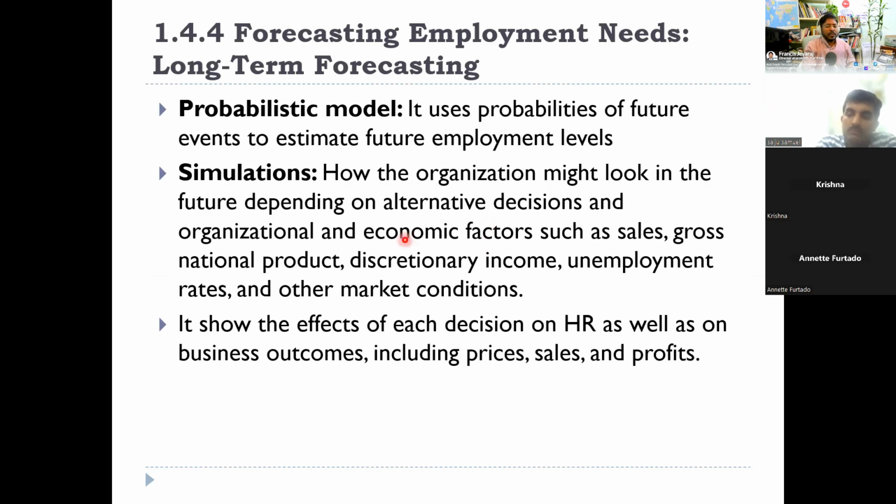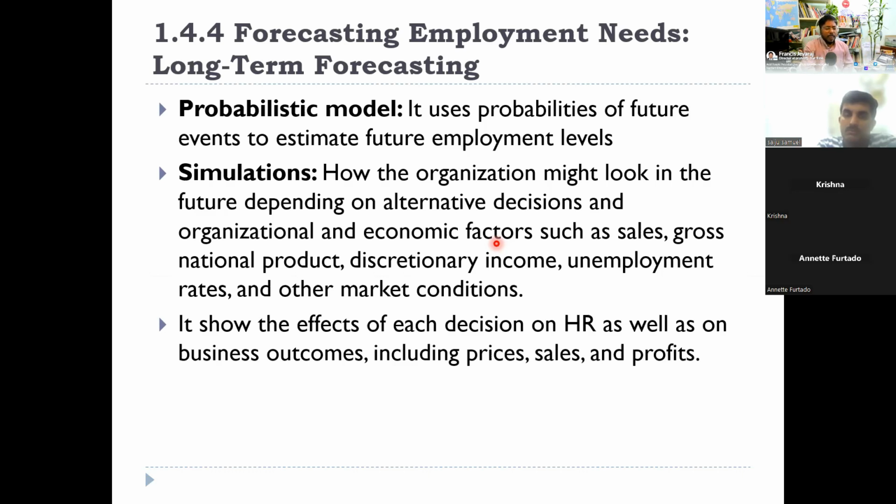Then simulations: how the organization might look in the future depending on alternative decisions. For example, now you have a number of customers and volume of business, and if you are going to increase that volume to a certain level, what will be the scenario planning or predictive analysis?